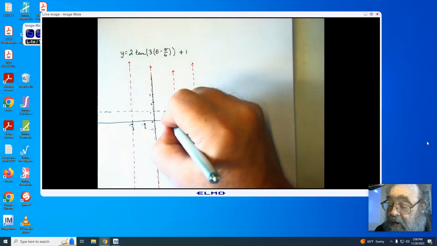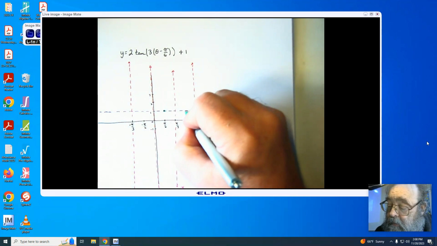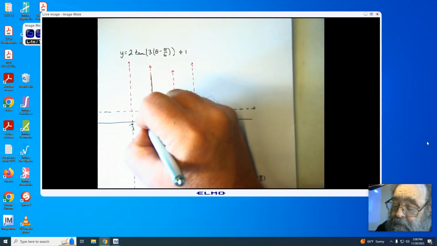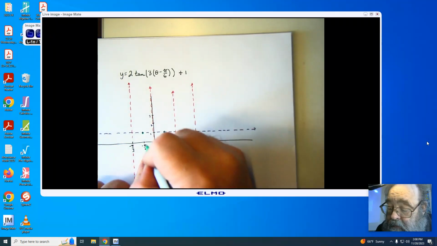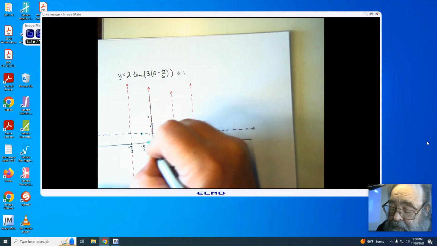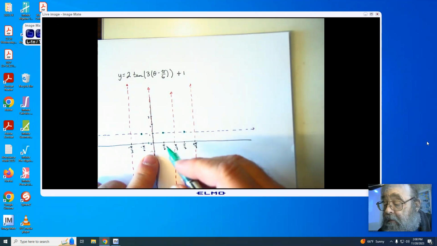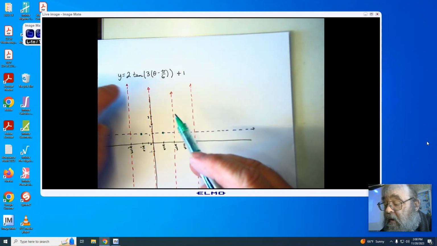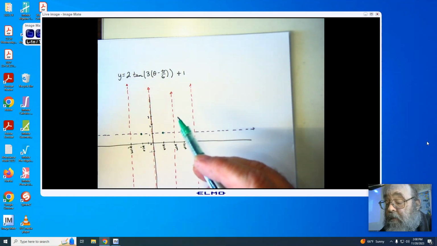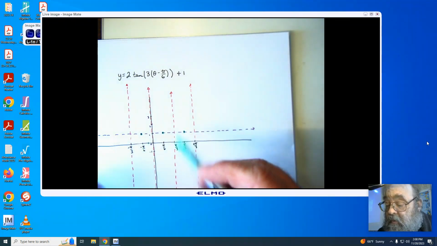We know we started at 0 for each of them. And we need to go halfway between. So that's going to be at pi over 12. And if I put in the pi over 12 minus pi over 6, it is going to be pi over 12 times 3, which is pi over 4. Tangent of pi over 4 is 1. 1 times 2 makes 2, and then 2 plus 1 makes 3.